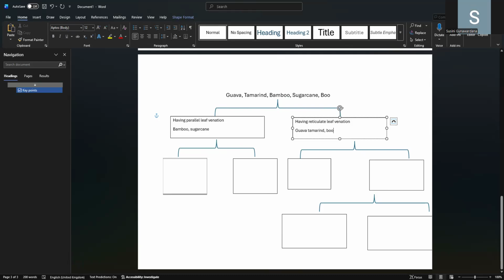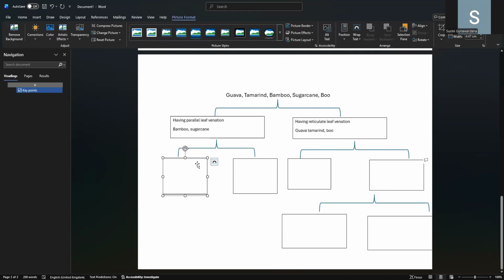Okay. So can you see in here there are two organisms, two plants. So again, you have to divide until you are getting one organism. So how are we going to divide? Actually, if you think about these leaves, as they are monocot plants, they have the same features.